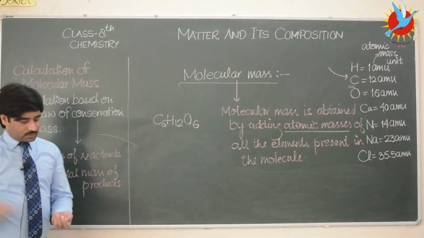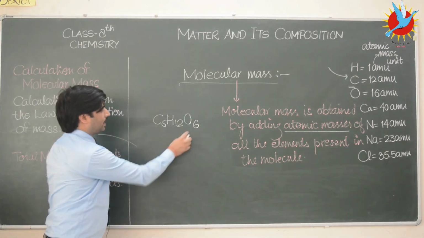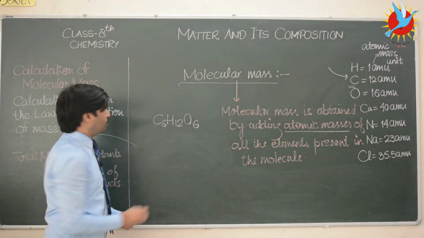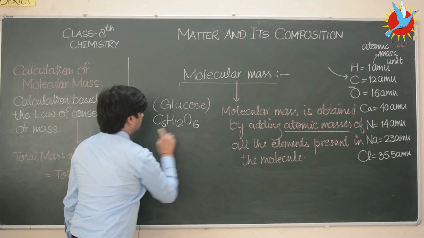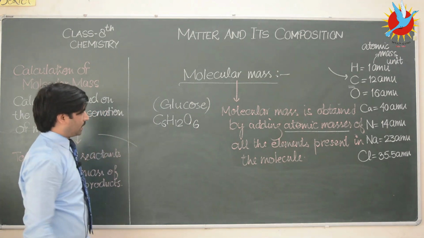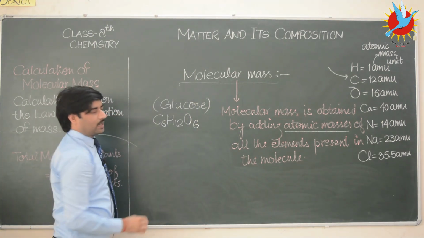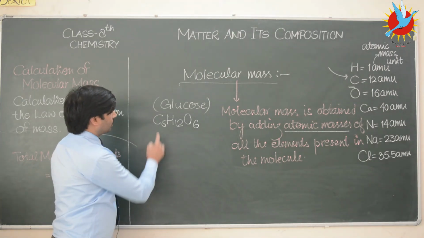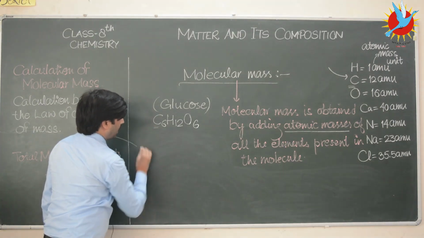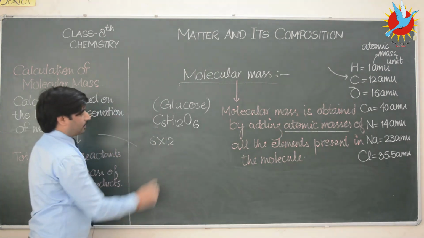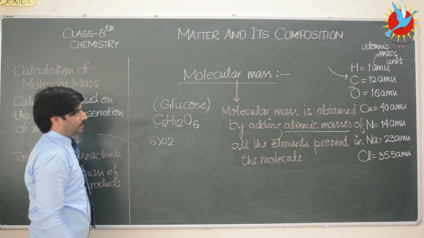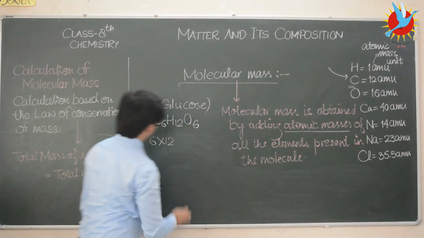Now we are going to calculate the molecular mass of glucose having the formula C6H12O6. We have 6 carbon atoms, and 1 carbon atom has the atomic mass equal to 12, as you can see in the list.